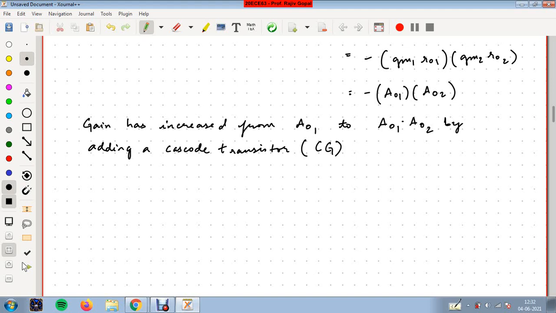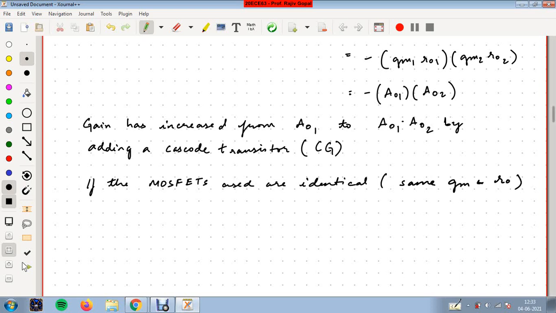It is impossible to get two identical MOSFETs, but by some God's grace, if you somehow get two identical MOSFETs, then you can write your gain as, if the MOSFETs used are identical, that is same GM and R0, then gain is equal to minus A0 square. Gain is now minus A0 square.